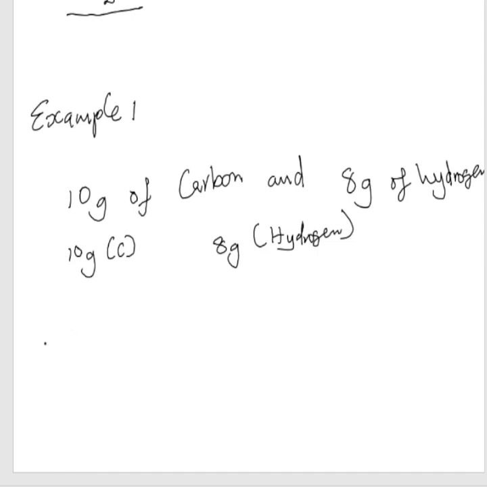The molar mass of carbon is 12.01 grams, and hydrogen is 1.01 grams. So to find the number of moles of carbon, we take the given mass, 10 grams, over 12.01 grams.